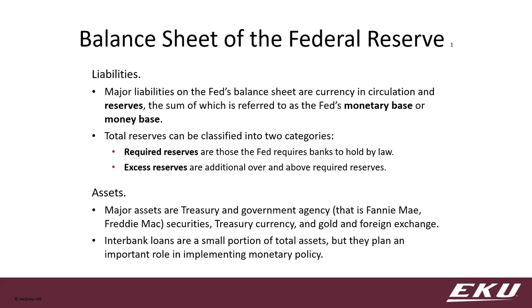In the event that there's more reserves available to a bank than are necessary, those are referred to as excess reserves. And those reserves often get lent to firms that are below. Instead of going to the discount window to borrow money, banks can make loans to each other using these reserves.